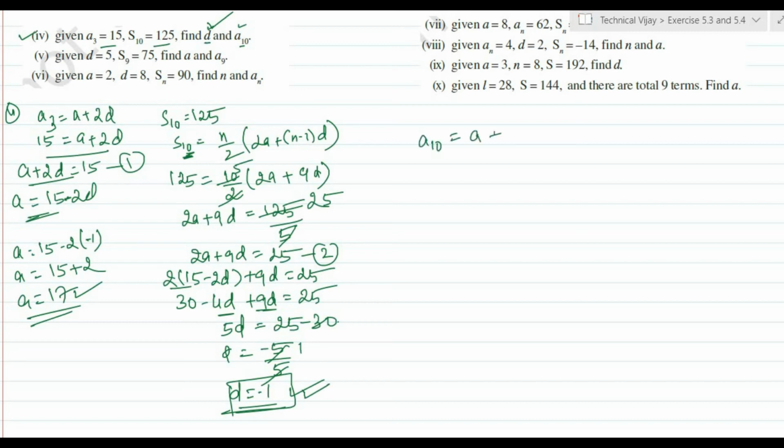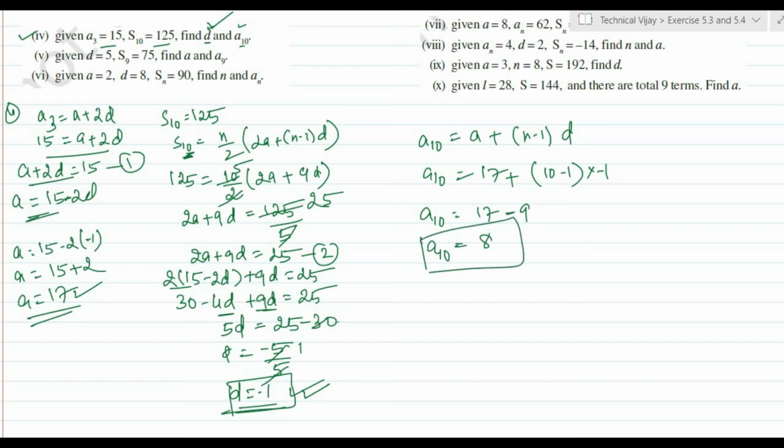That is equal to A plus N minus 1 into D. So A10 is equal to 17 plus, N means 10 terms, so 10 minus 1 is 9, into D, minus 1. So 9 into minus 1 is minus 9. So A10 is equal to 17 minus 9, which is equal to 8. So A10 is equal to 8.